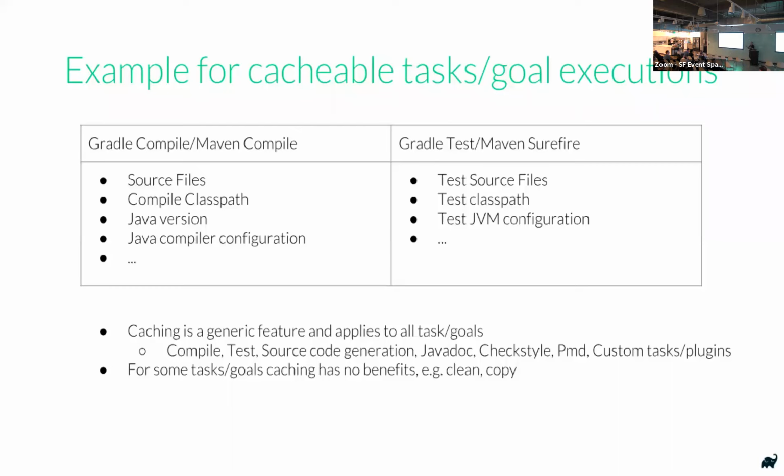To give you an idea, we were working with a several hundred engineer team, and they were doing a lot of source code generation. Whenever they went to work in the morning, they checked out everything, did a git pull, and then before they could start working in the IDE, they had to generate all the sources. It was a 15-minute step for every developer in the organization every morning.